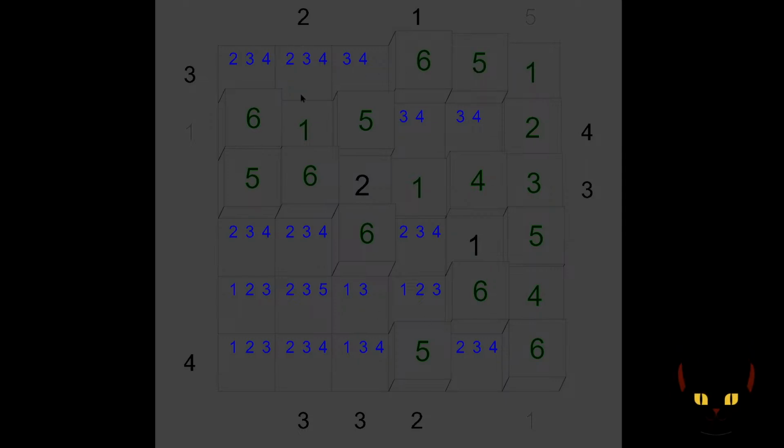So, at least eliminated all 5s. So, bigger than 1. Check, that's basically everything. Smaller than 5, that's basically everything.